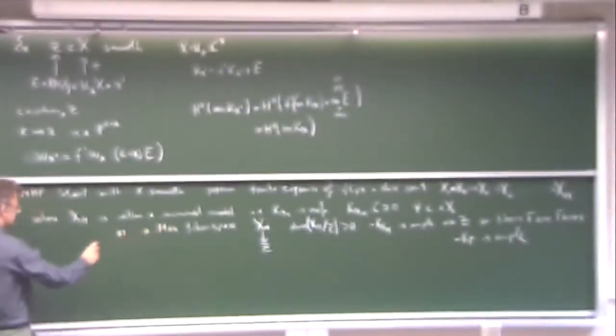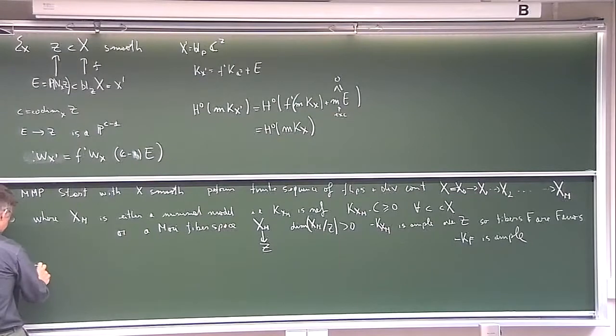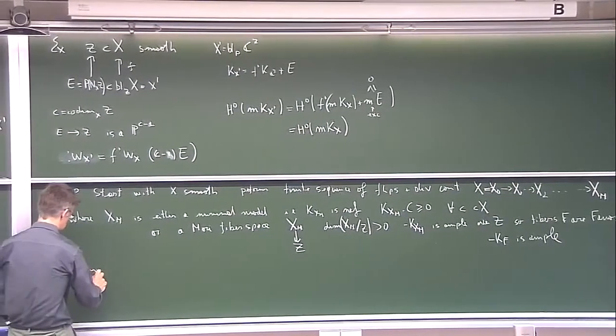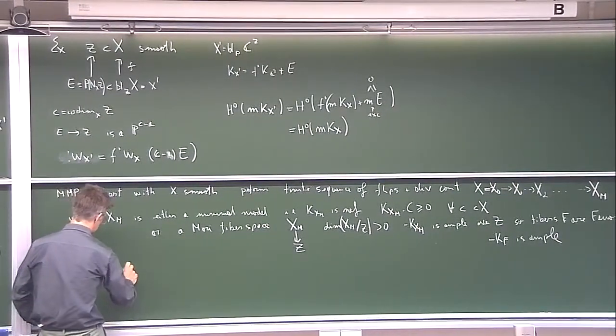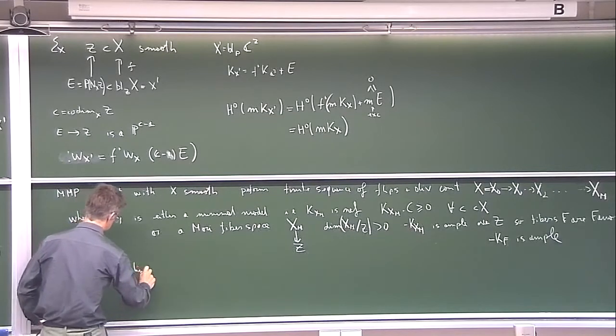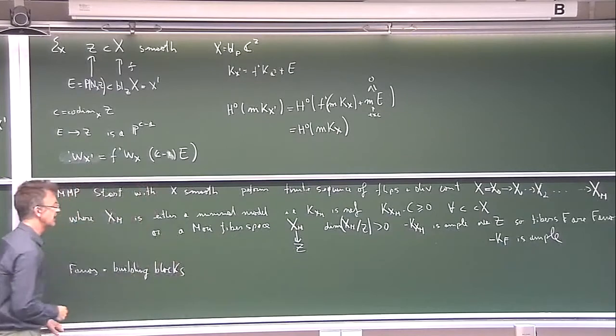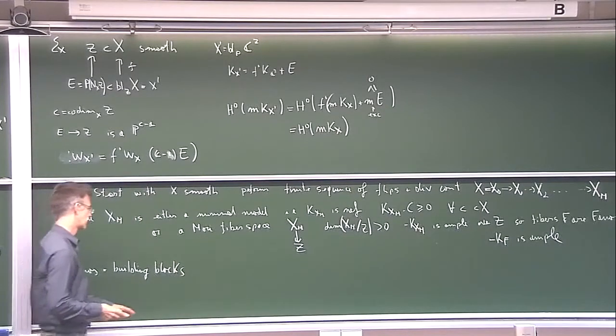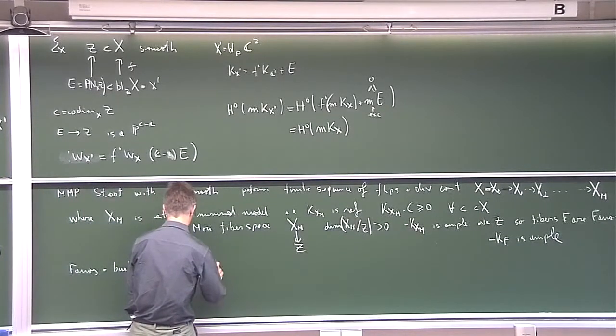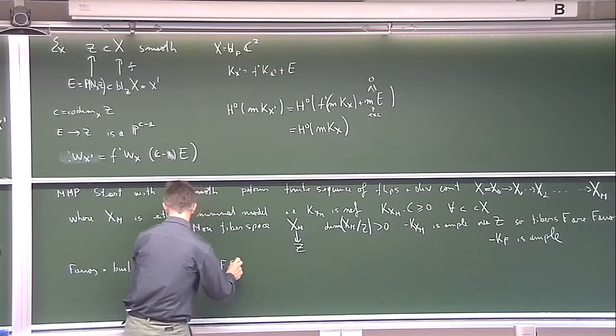So from this point of view, you think of Fanos as building blocks of the second case, of Mori fiber spaces.